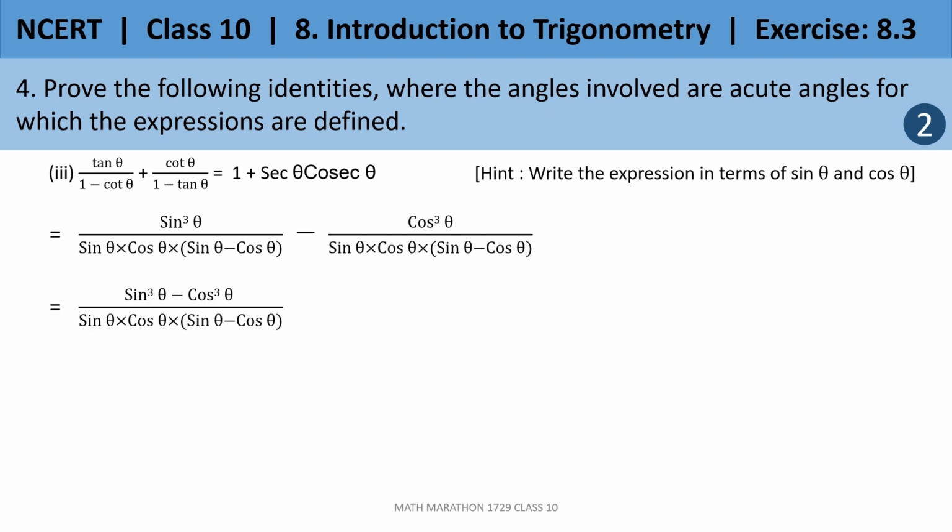In numerator, we have a cube minus b cube, which is equal to (a minus b) multiplied by (a square plus b square plus ab). In numerator and denominator, we have sin theta minus cos theta. We can cancel out sin theta minus cos theta.